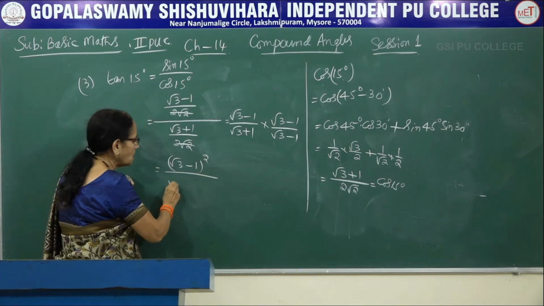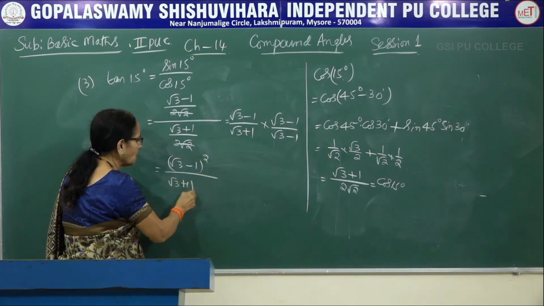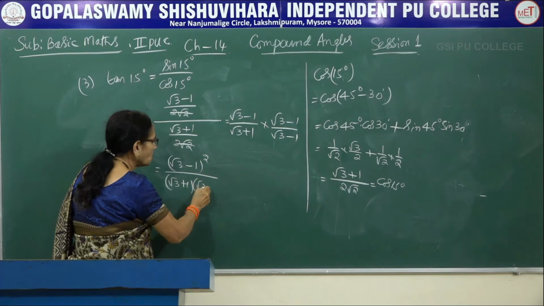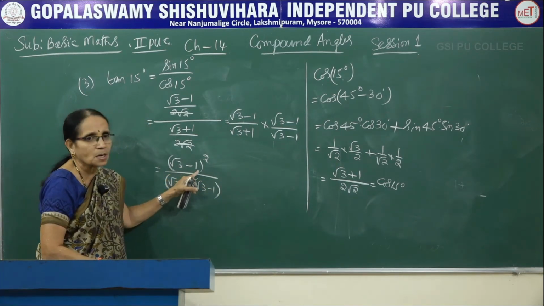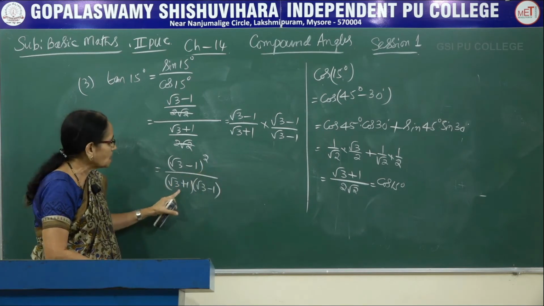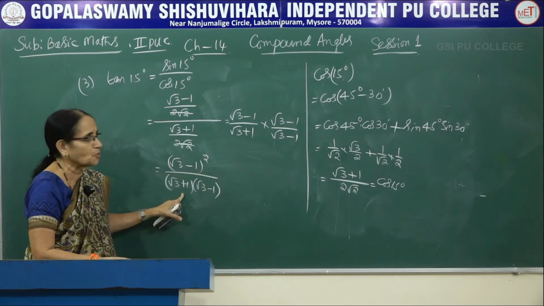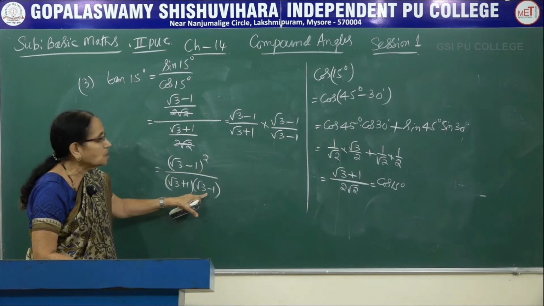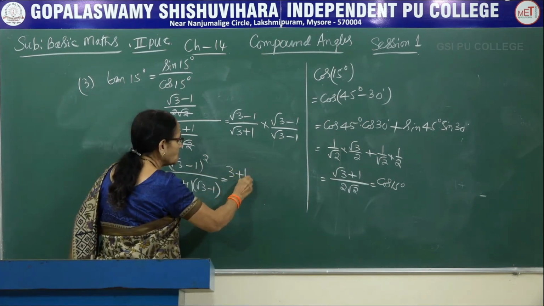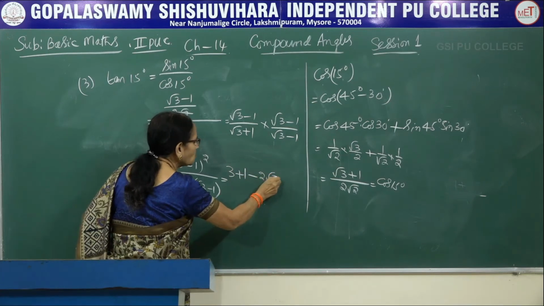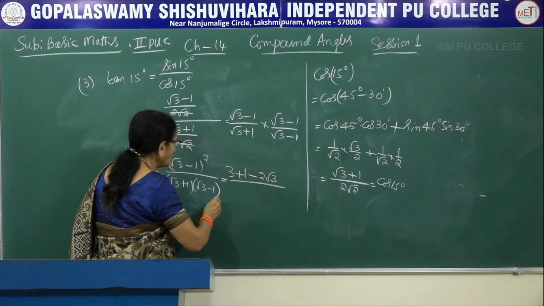Denominator is a plus b into a minus b. So for the numerator, I am using the algebraic formula a minus b the whole square. For the denominator, I am using another algebraic formula a plus b into a minus b. So numerator a square plus b square minus 2 into a into b.